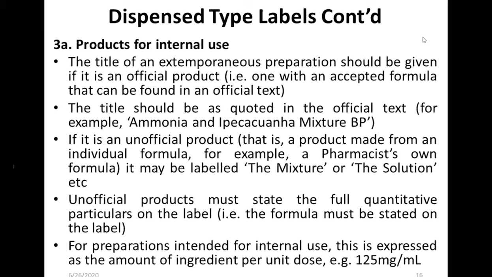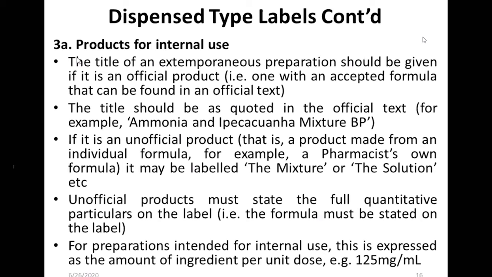Then, if a product is for internal use, it must state so. If it's for an adult, then when you're writing your label, you say take 10 mils 3 times a day, etc. If it's a child, you say give, because you're not going to say take.